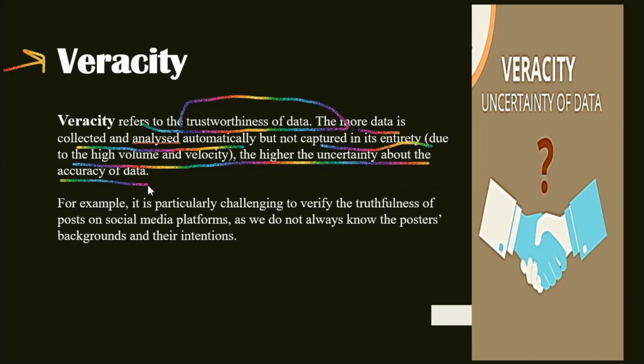So it is a large amount of data, and it is not possible to capture each and every aspect, or to know if the data is trustworthy. Okay, so veracity simply means trustworthiness of data. For example, it is particularly challenging to verify the trustworthiness of posts on social media platforms, as we do not know the posters' backgrounds and their intentions.